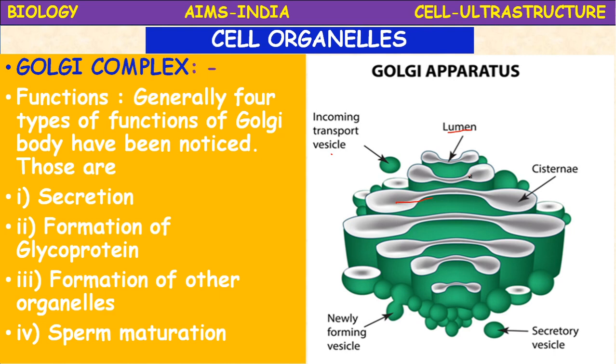Sperm maturation: the Golgi complex present in the testis or the seminal vesicles helps in the maturation of sperms in male organisms. What is sperm? Sperm is the male gamete.